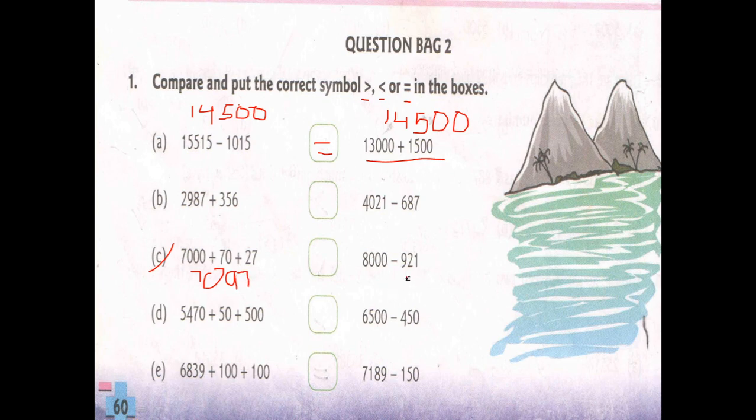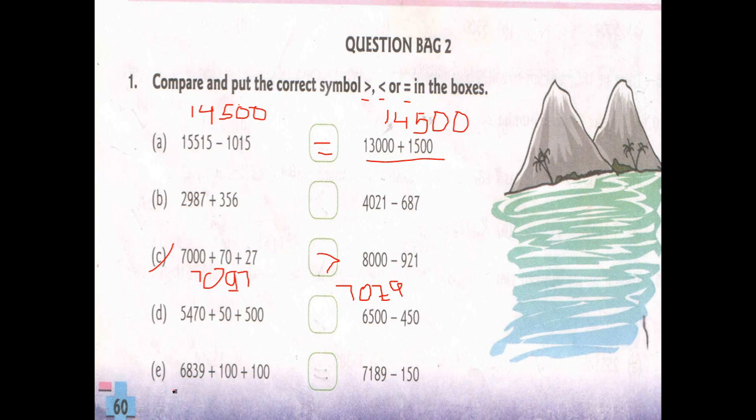When we are subtracting 8,000 minus 921, that is equal to 7,079. So compare: 7 in the thousands place, 0 in the hundreds place in both cases. Here it is 9 and here it is 7. So you have to put the greater than sign here.